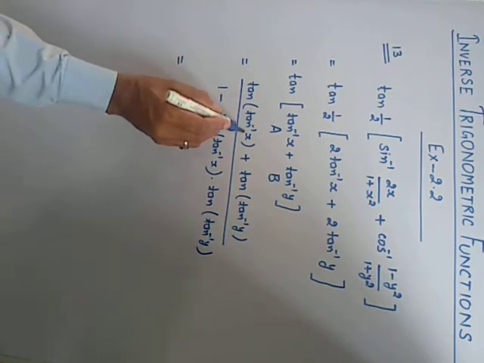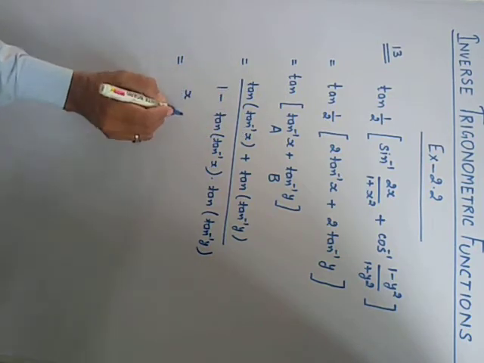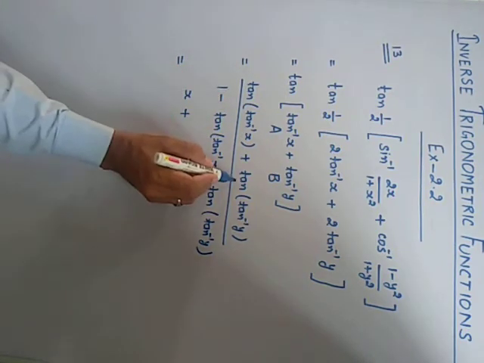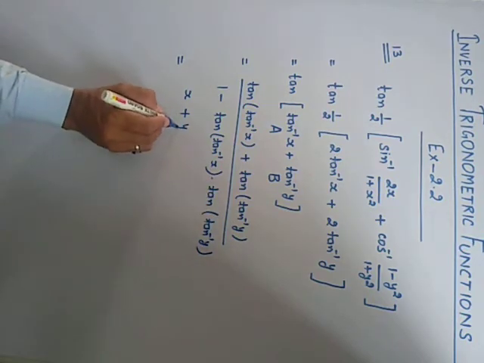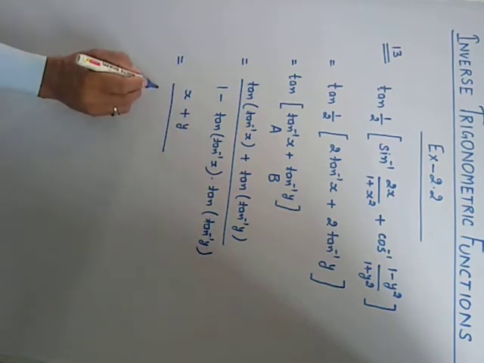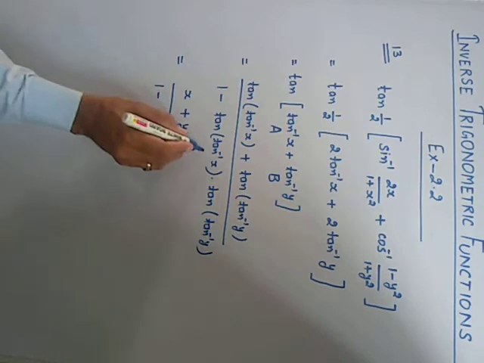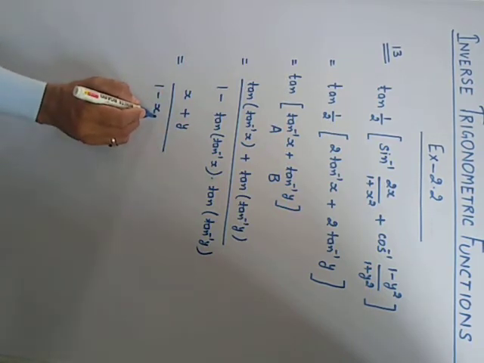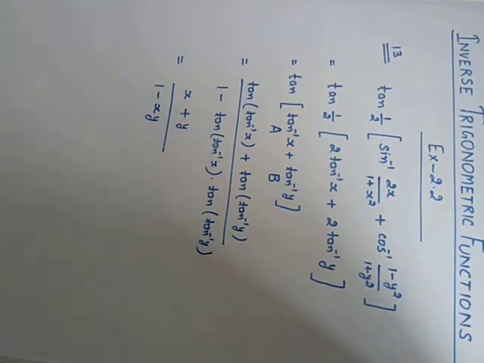So tan of tan inverse x is x, plus tan of tan inverse y is y, upon 1 minus again x into y. So the value of the given question is x plus y upon 1 minus xy.